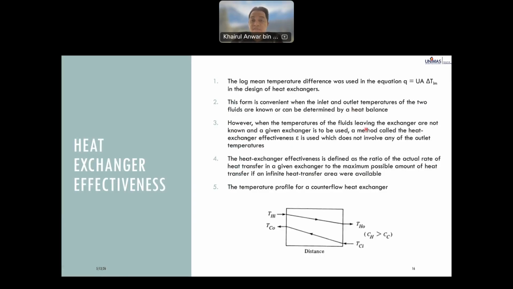When the temperatures of the fluids leaving the exchanger are not known or given, and an exchanger is to be used, a method called heat exchanger effectiveness is used, which does not involve any of the outlet temperatures.